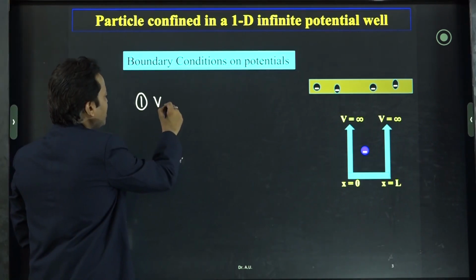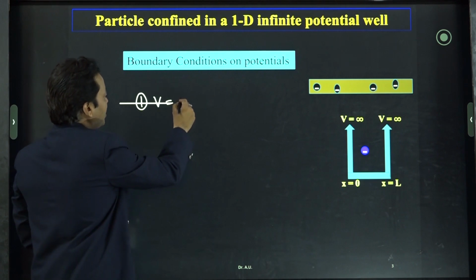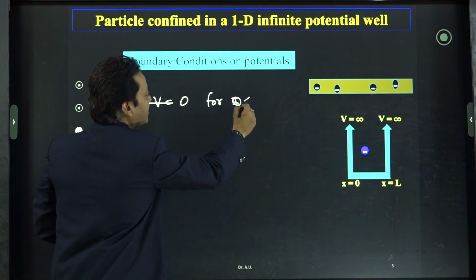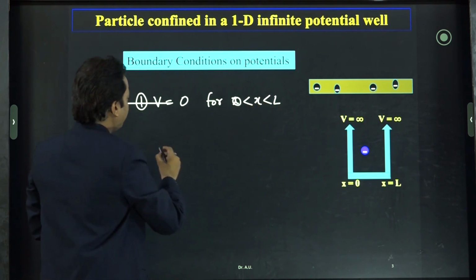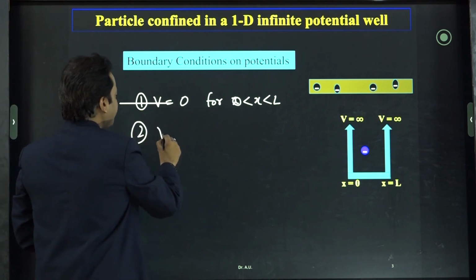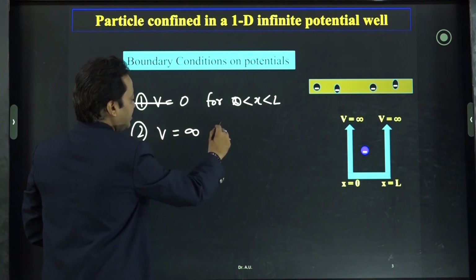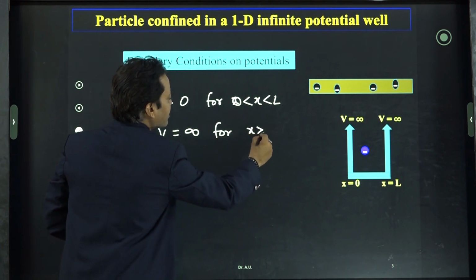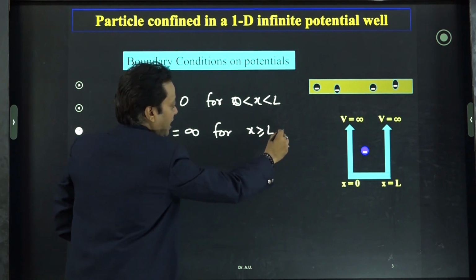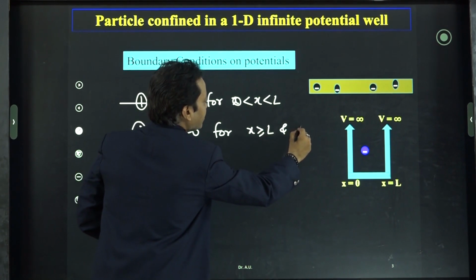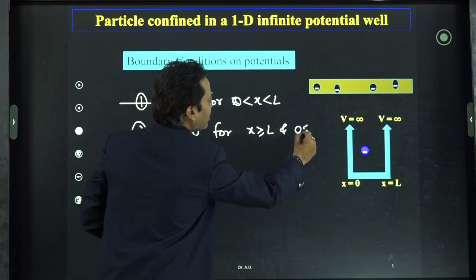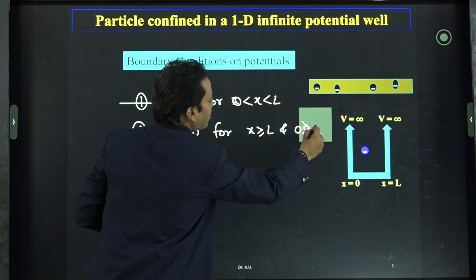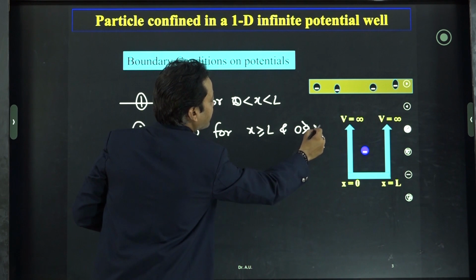V of x will be 0 for x greater than 0 and less than L, and the second boundary condition can be written as V will be infinite for x less than or equal to 0 and x greater than or equal to L.